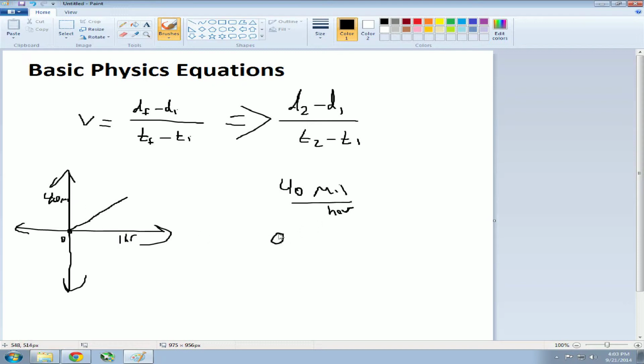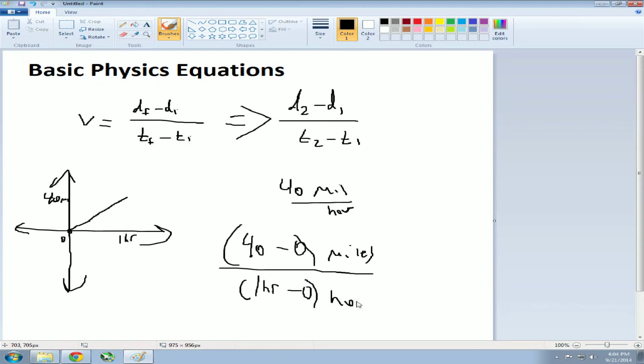D2 is the final distance, which is 40, and it starts at 0, and this is all miles, over the final time, which is 1 hour, minus the initial time, which starts off at 0 hours. If you solve this, 40 minus 0 is 40, 1 minus 0 is 1, so you have 40 miles per hour.